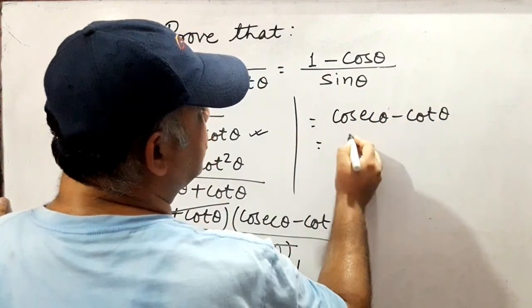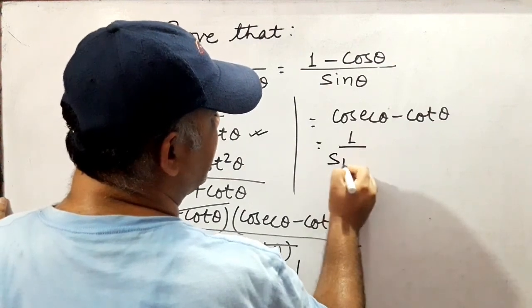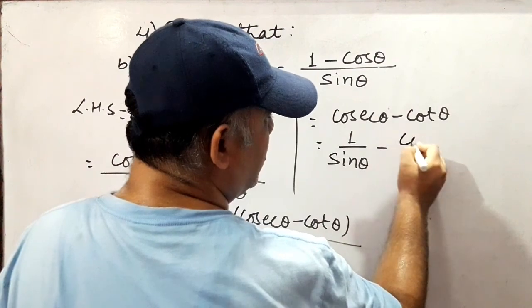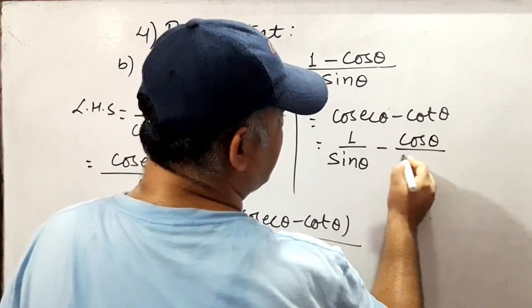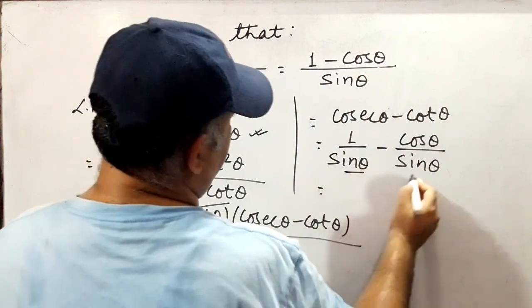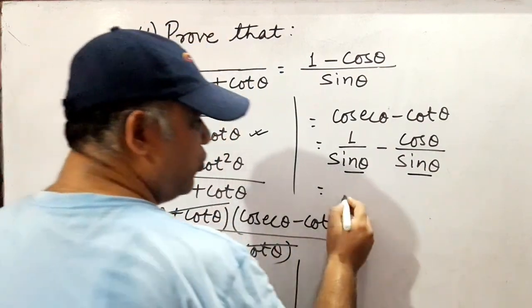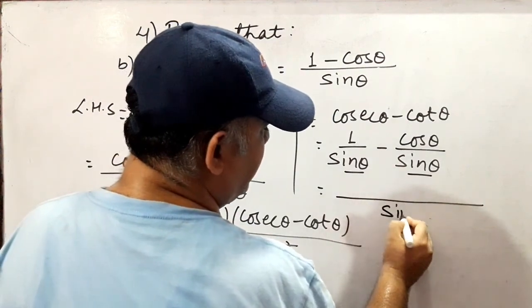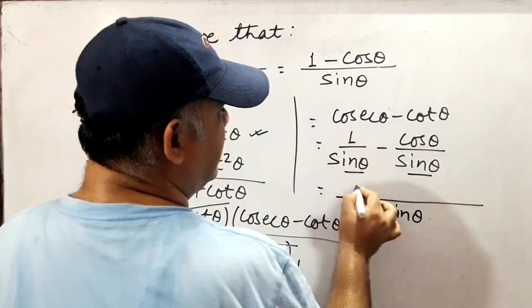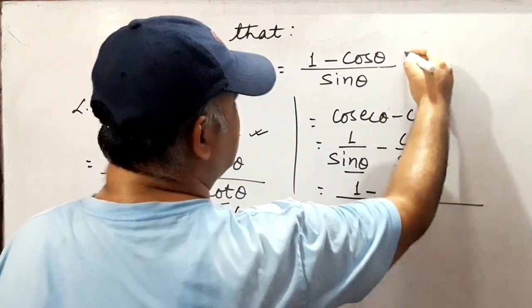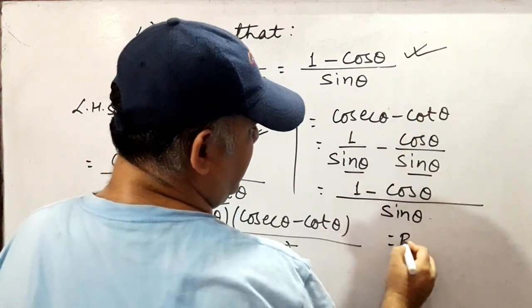Cosec theta is equal to 1 by sin theta, minus cot theta is equal to cos theta by sin theta. The denominators are the same, so we can take them as LCM. 1 minus cos theta, which is our right hand side.